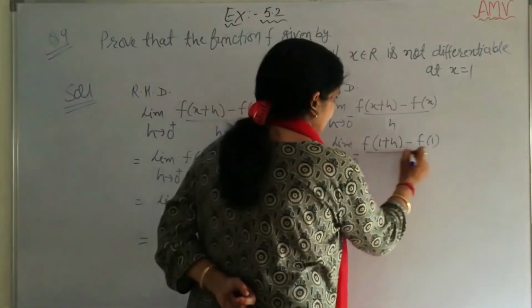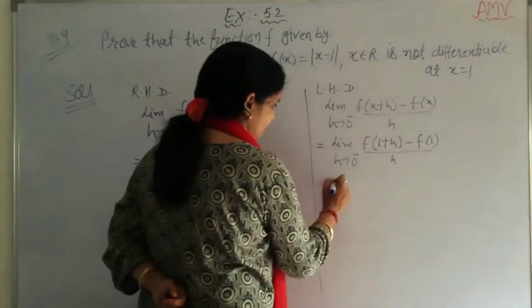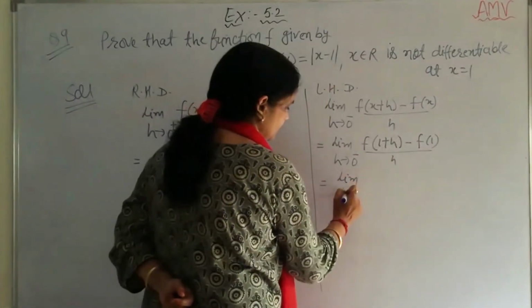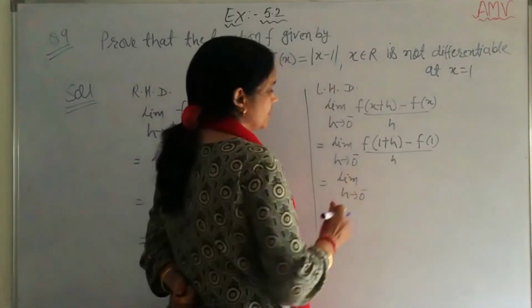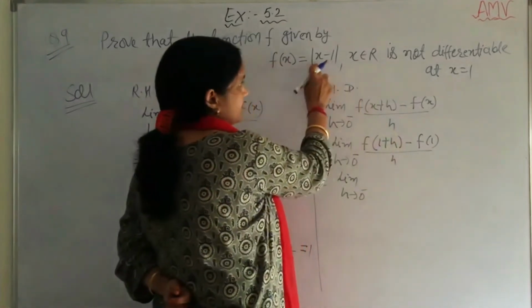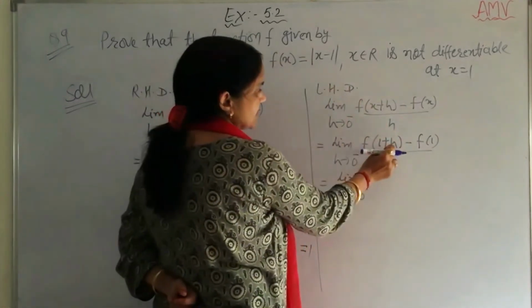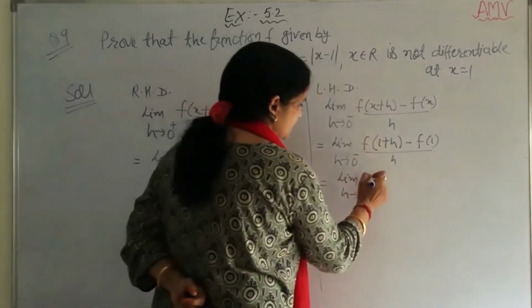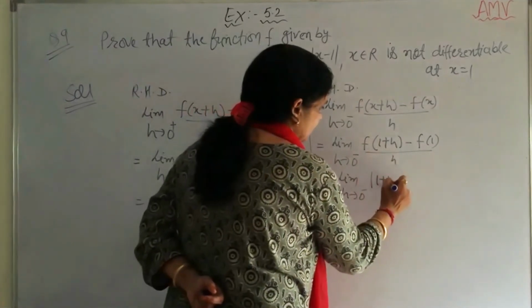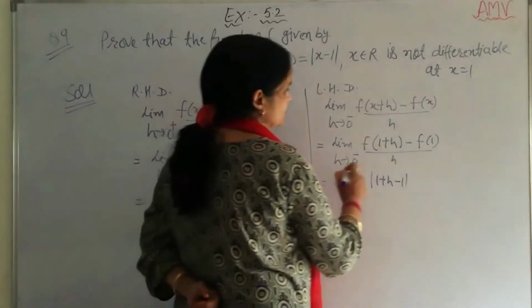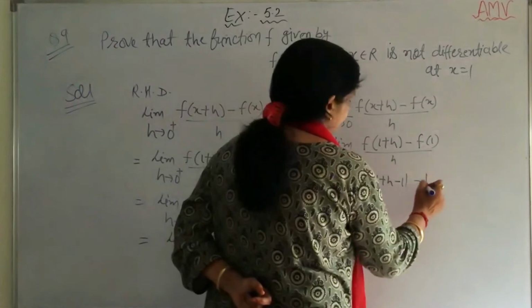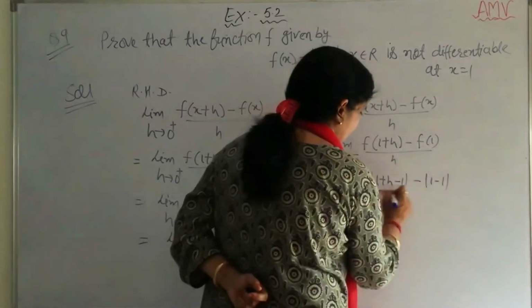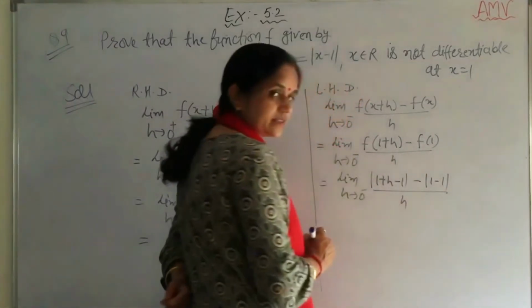Here f(1) and it's h. Now write the 1 plus h in place of x. You will get 1 plus h minus 1 minus here 1 minus 1 and it's h.